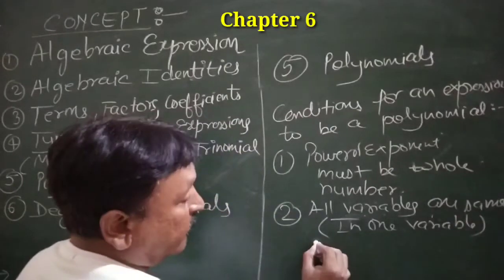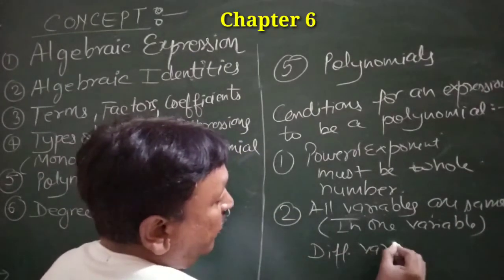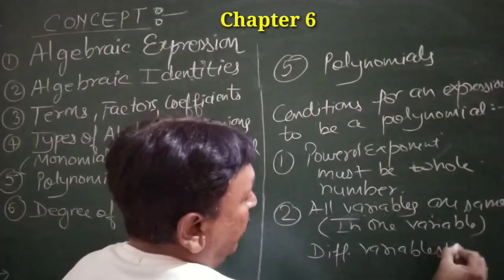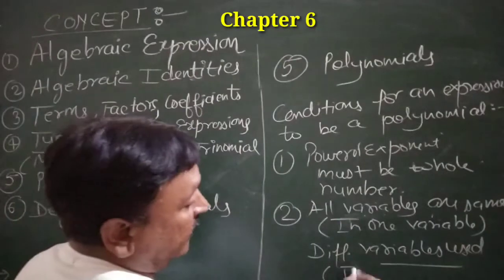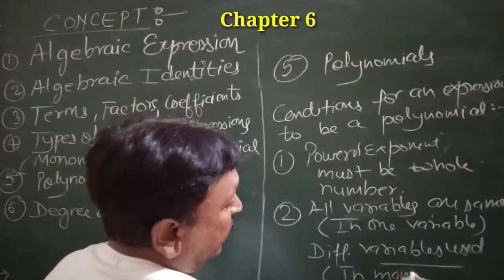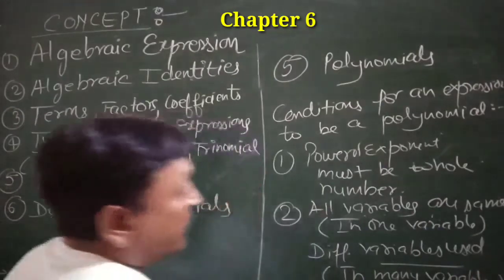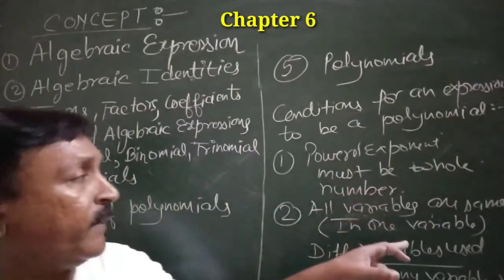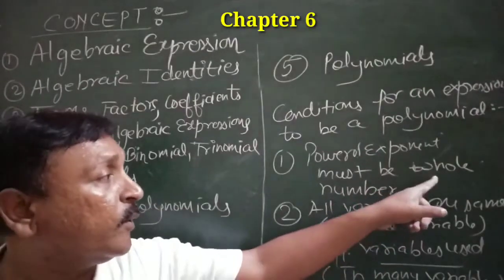And if different variables are used in the expression, then it is said to be a polynomial in many variables. Is it clear?